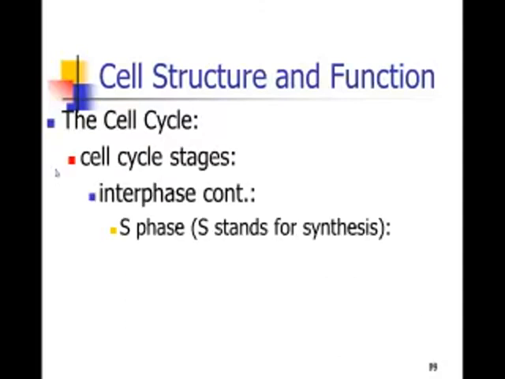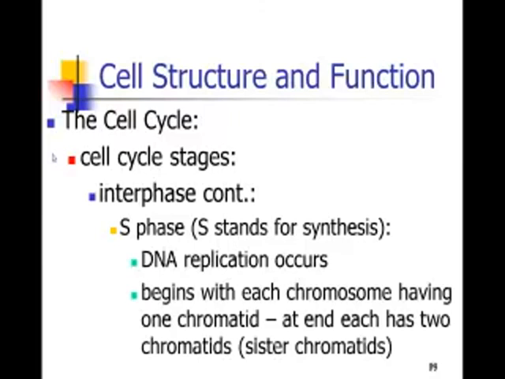There's an S phase within interphase, which comes after the G1 phase, and this is when things are synthesized. The DNA is replicated. That's a synthesis process, and we start out with 23 pairs of chromosomes, 23 from each parent, and these chromosomes initially are just one chromatid, just one piece, one strand.